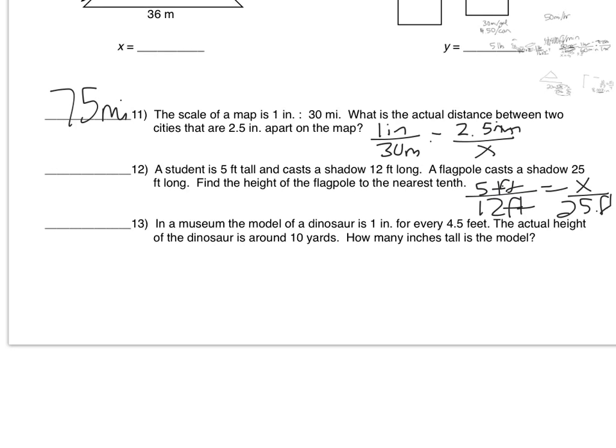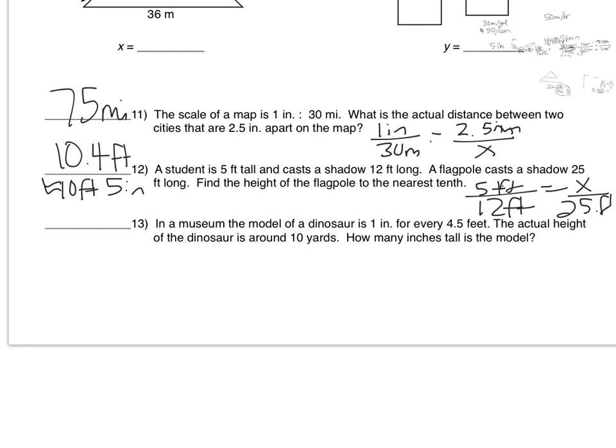So when you cross multiply and divide there, 5 times 25 divided by 12, it does say to round to the nearest tenth, which again we're kind of stuck with that customary measurement using decimals, which I don't like to do. So 10.4 feet, that's approximately 10 feet and 5 inches.